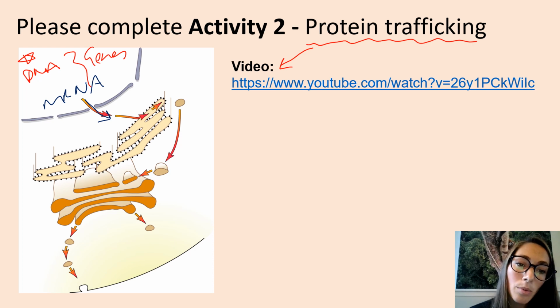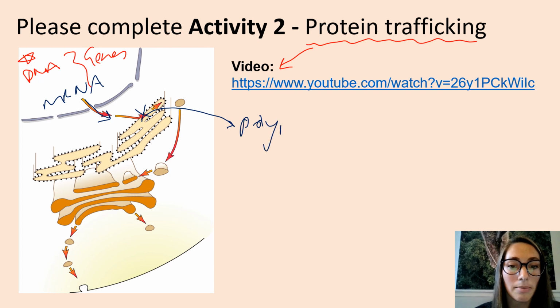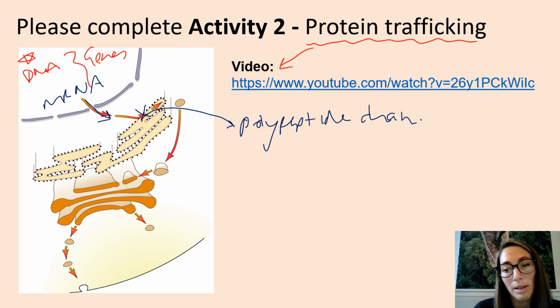The messenger RNA will move to a ribosome located on the rough ER. On that ribosome, the messenger RNA is going to code for a polypeptide chain. Once the polypeptide chain has been synthesized, it's going to move through these flattened sacs in the rough ER, and it's going to be folded into its 3-dimensional shape.